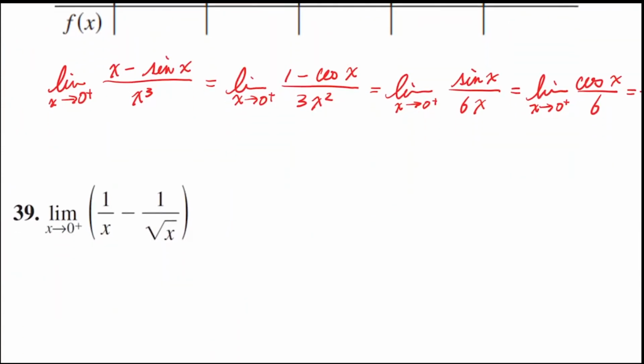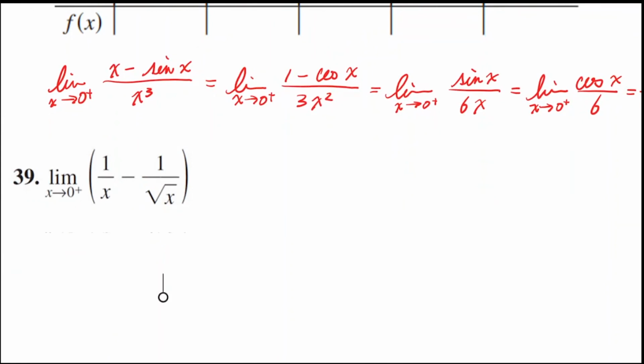Well then, moving on to 39. Okay. 39 is, well, we have infinity minus infinity form, right? How can we do this? One thought is this. Why don't we just find the common denominator? Like that.